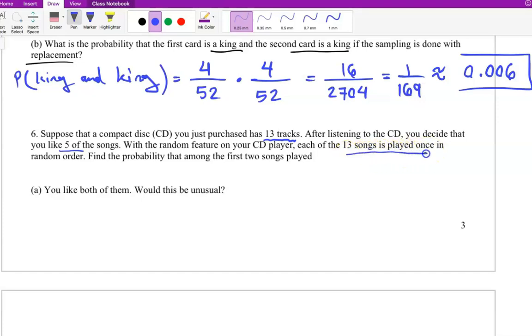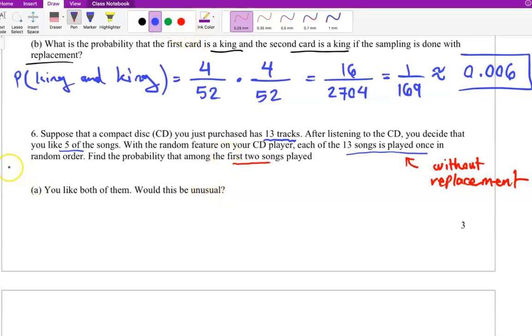Since each is played once, this is without replacement. Find the probability that among the first 2 songs played, part A, you like both of them. Would this be unusual?